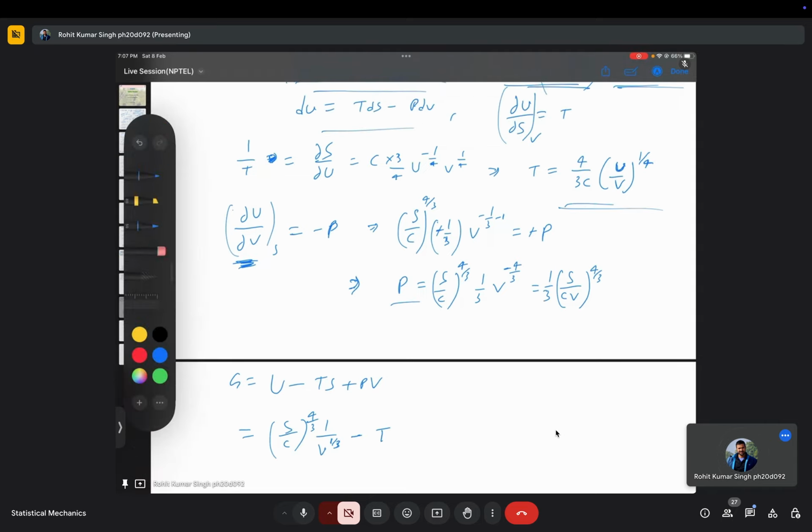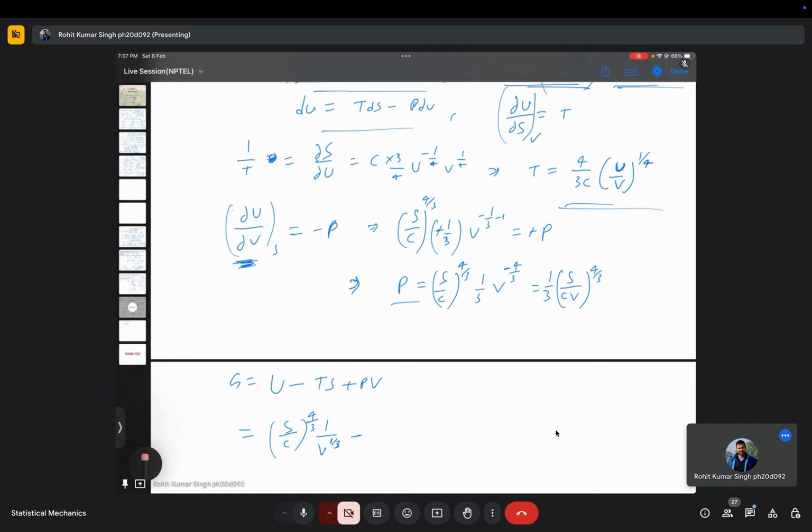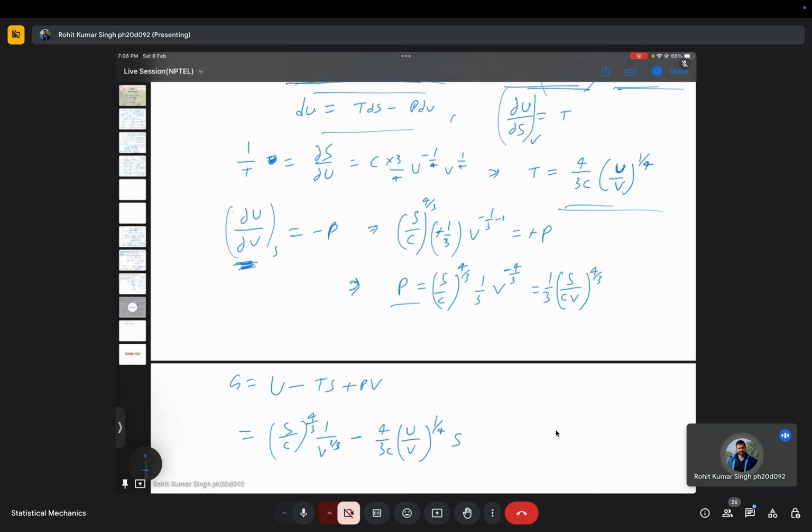So, four by 3 c, U by V to the power 1 by 4, S. We can replace this U in terms of entropy, so that we don't have U anywhere in the equation.